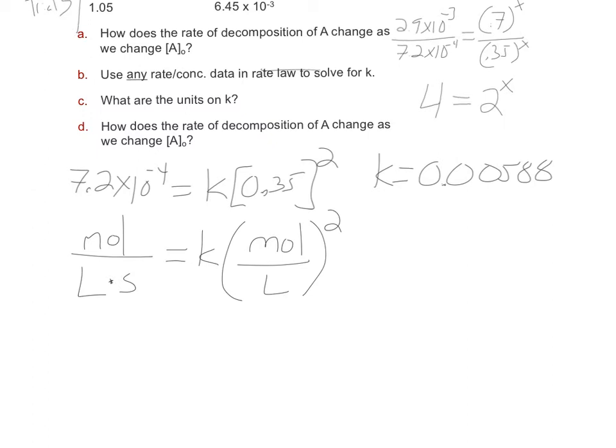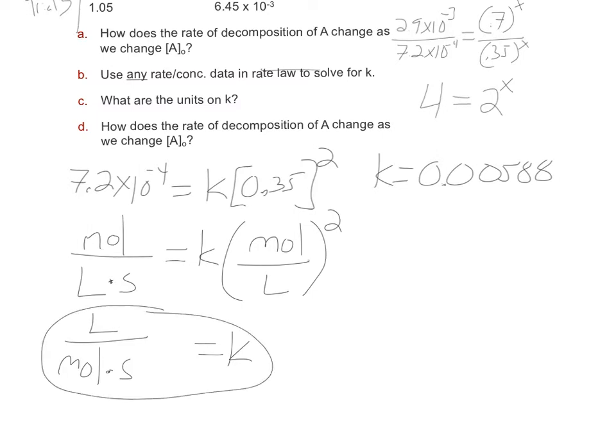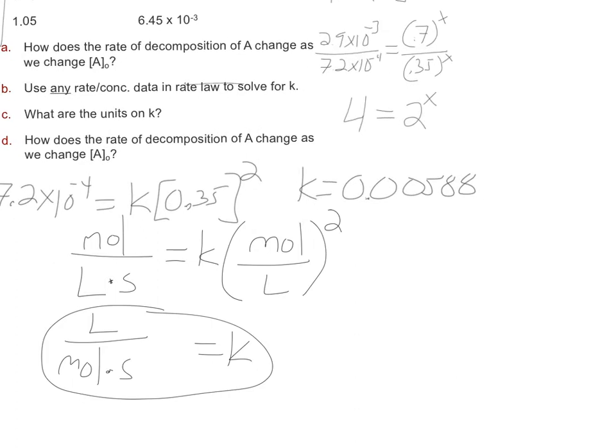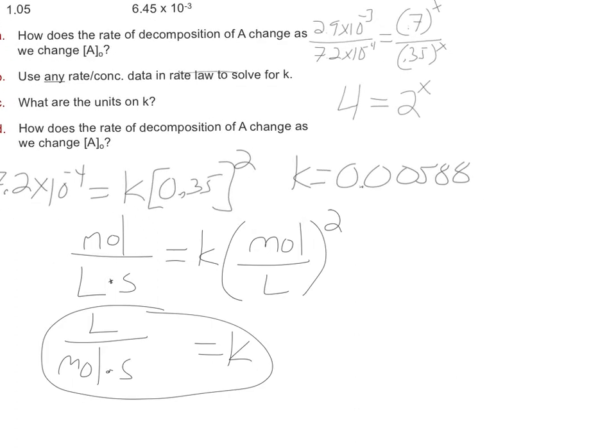If we divide by moles per liter squared, so invert it and move it to the other side, we isolate K, we will actually get liters per mole second. So those are going to be my units on K, which is very strange. 0.00588 liters per mole second. Okay.